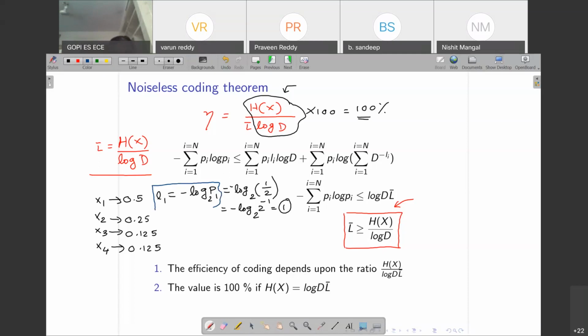And then L4 is minus log P4. This is purposefully chosen. Can this be? What is the value of it?